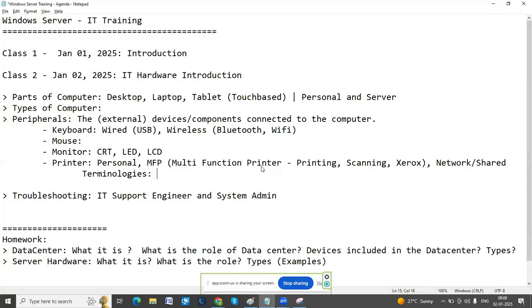I already told you yesterday: every now and then we are used to services and technologies, but we are not sure how they are actually implemented. Just because we hear a new word, we think it may be something I am not aware of, and that's the reason I'm learning it. No, that doesn't work. Yesterday I gave the example of a DNS server: I type facebook.com and the website opens.